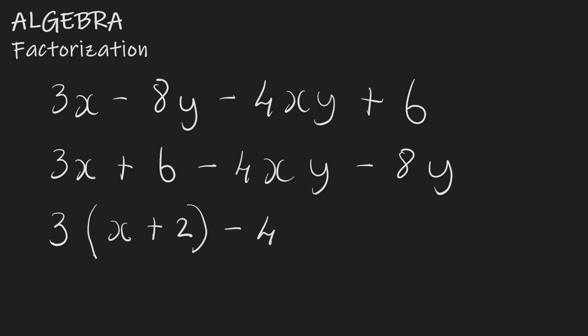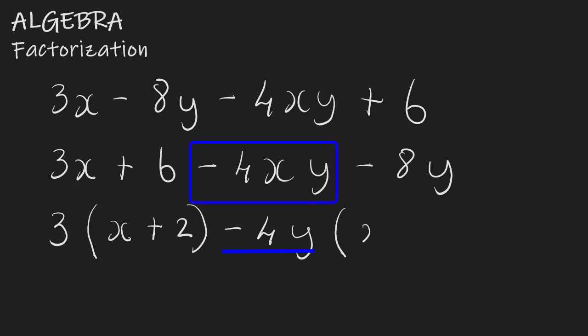My next step is to find the highest common factor of the algebraic variables. In this pair, this is xy and y. The highest common factor of xy and y is y. My next step is to find the complementary factor of each term in the pair. What can I multiply by negative 4y to give me negative 4xy?